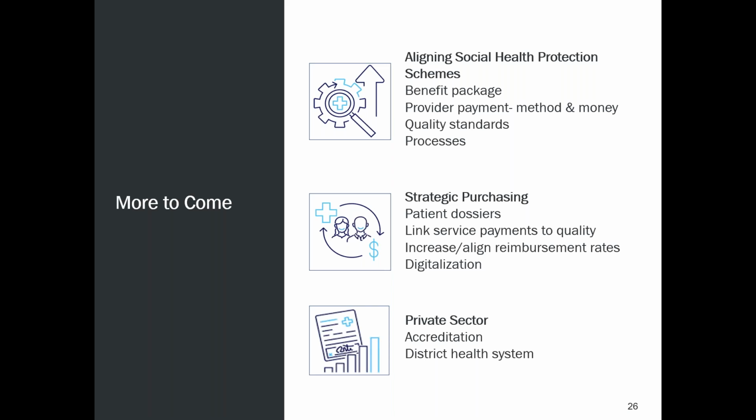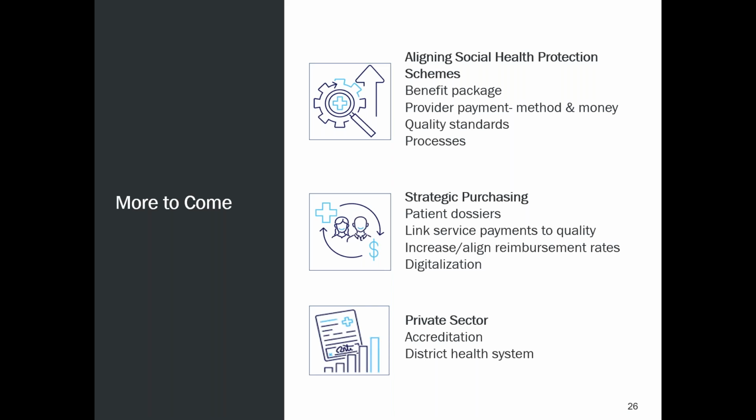The benefit package is also more generous. And as I said, there is less emphasis on preventive services. We also suggest the same payment methods and amounts paid to the healthcare providers.